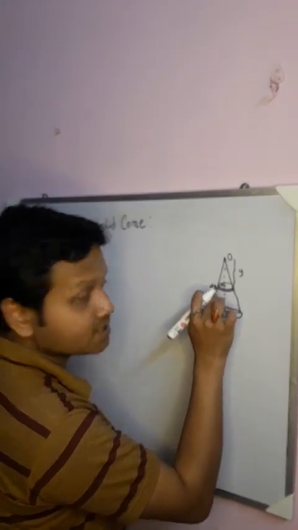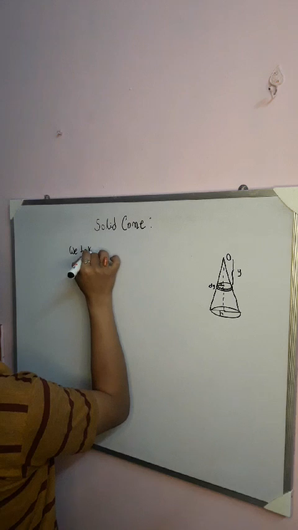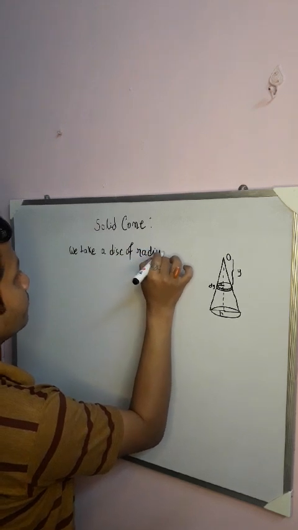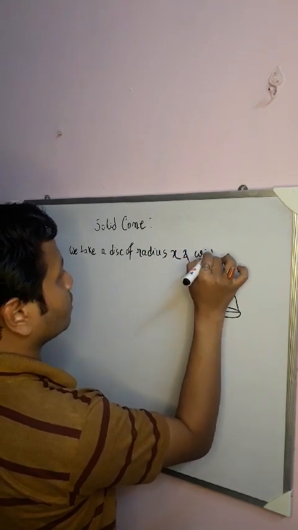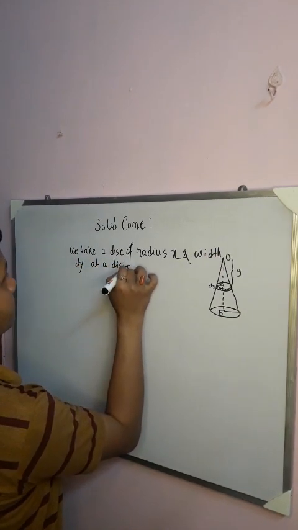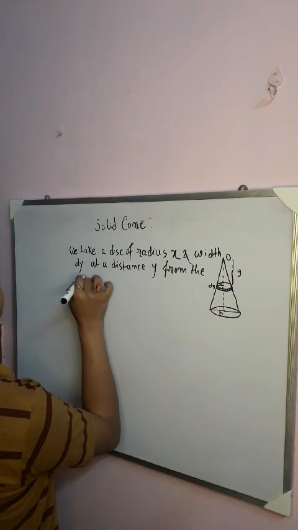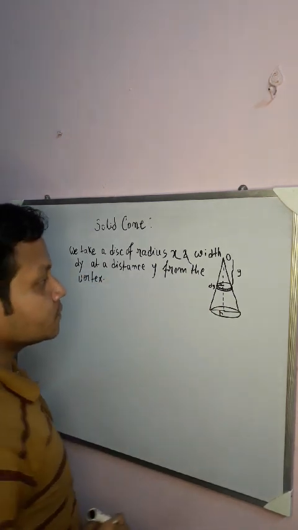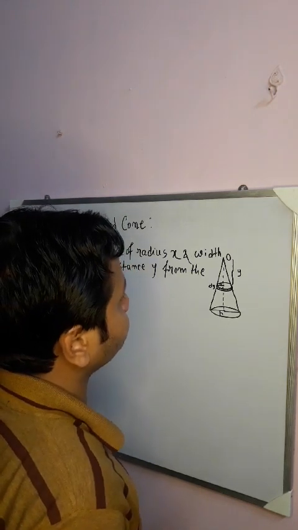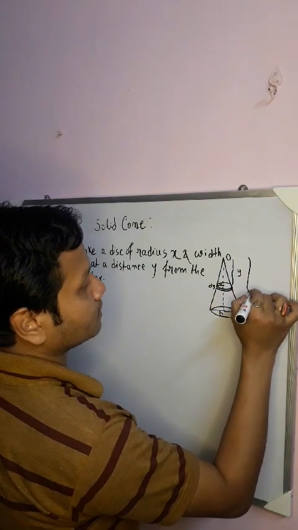If this is y, this width is dy. And the total height is say h.